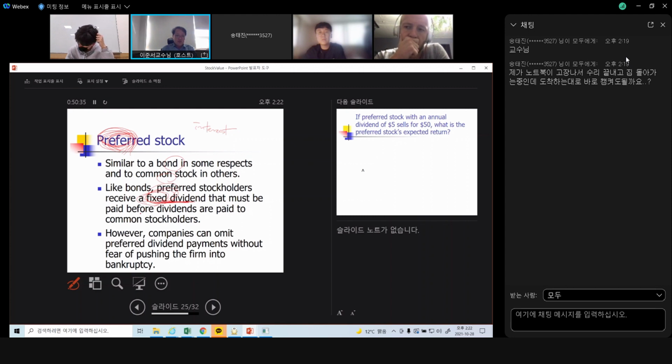But before dividends are paid to common stockholders, if the company does not generate profit, then the company cannot provide a dividend to the common stockholders, right? In that case, it is okay if the company does not provide dividend to the preferred stockholders.